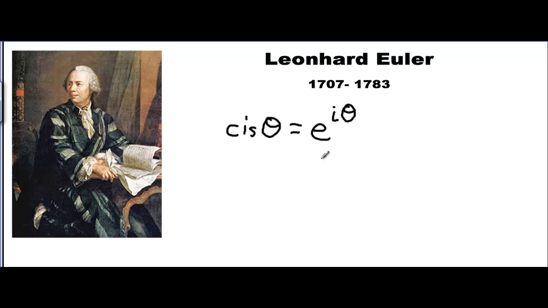Now, there is a proof for this. We're not quite ready for it yet. We have to take some more advanced mathematics before we do it, but we might see it a year from now. But for now, I'll just show it to you quickly, and you can ooh and ah at it.